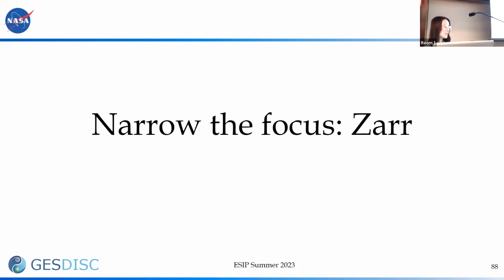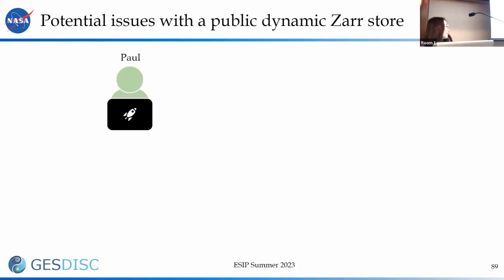But given the nature of our earth science data, where we frequently get new information like a new time slice to append to the existing data, or update something in the middle of the existing data, we need to consider dynamic Zarr stores. So let me continue with the Paul and Amy cartoon to demonstrate the potential issues that could come with a public dynamic Zarr store.